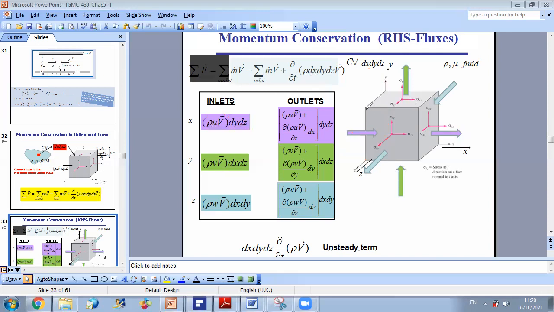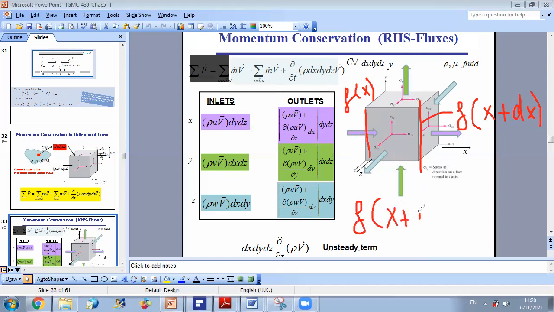If I have here a certain function at x, and I want to compute the value of the function at x plus dx, I can just say that from Taylor expansion, f of x plus dx is equal to f of x plus del f by del x times dx.